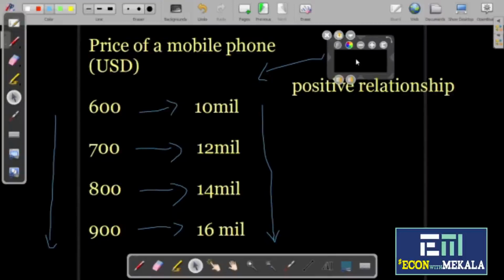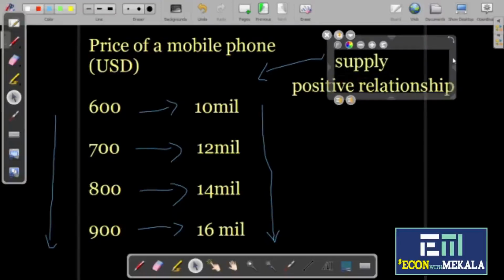In simple terms, a supply schedule shows us different quantities of a product supplied at different prices. The importance of a supply schedule is that it can help us to construct a supply curve.